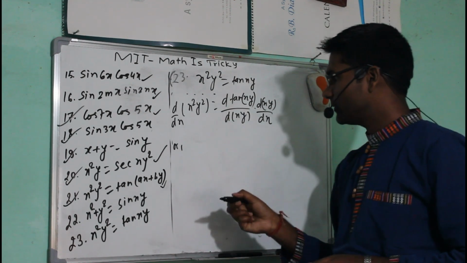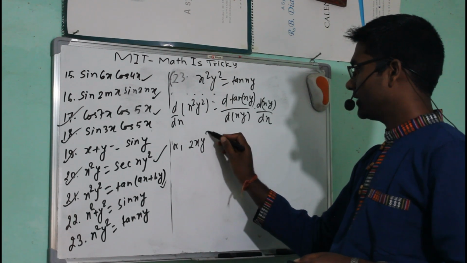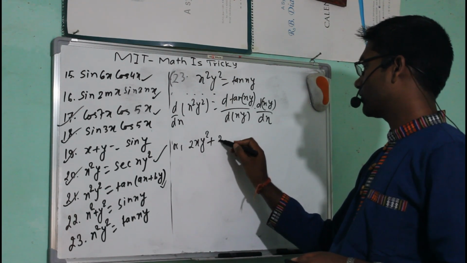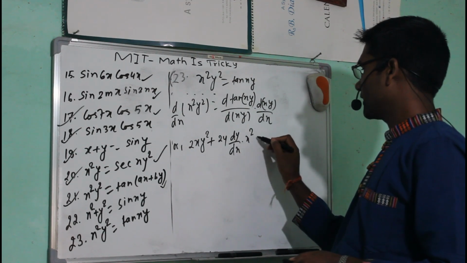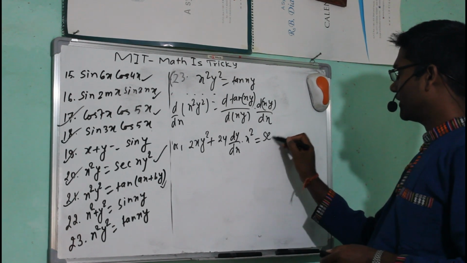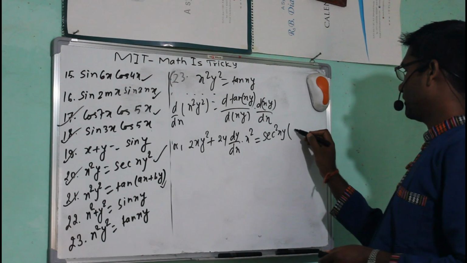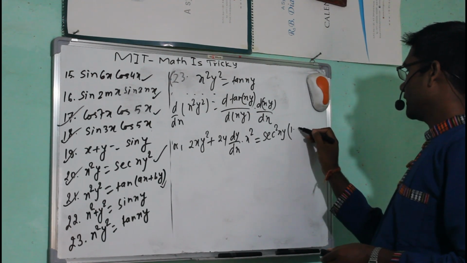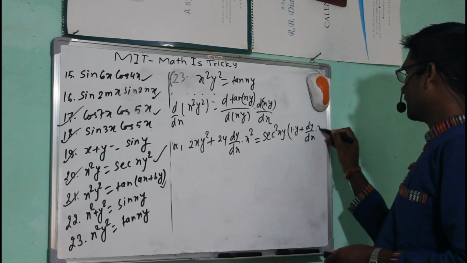Now use the product rule on the left hand side: derivative of first, 2xy², plus derivative of second, 2y dy/dx, into first, equals the derivative of tan, sec²(xy), times the derivative of xy, which is 1 into y plus dy/dx into x.